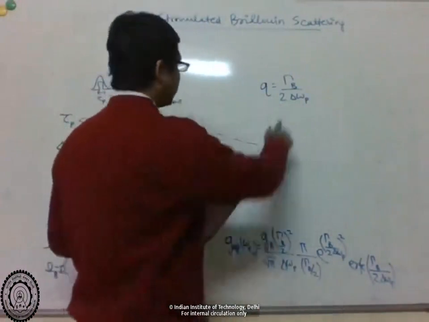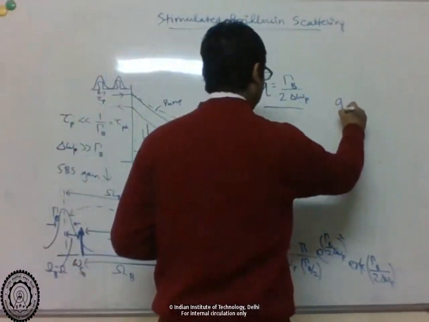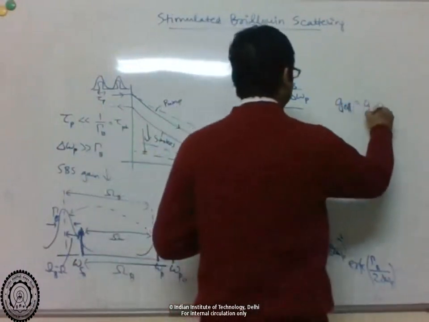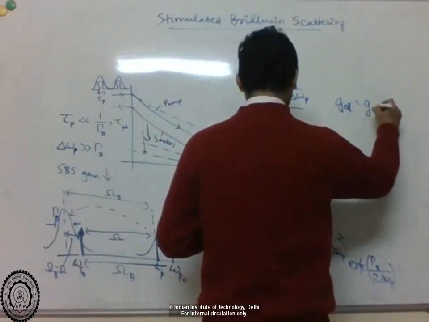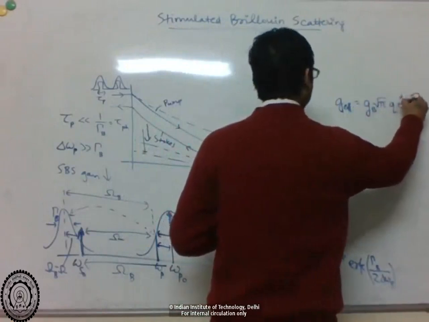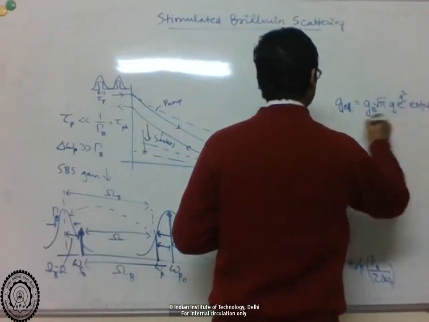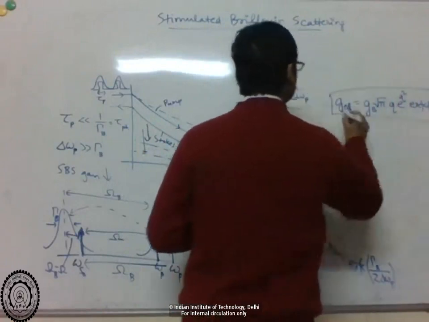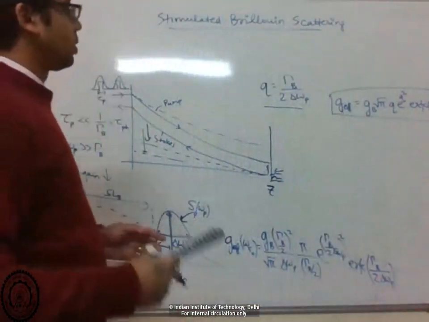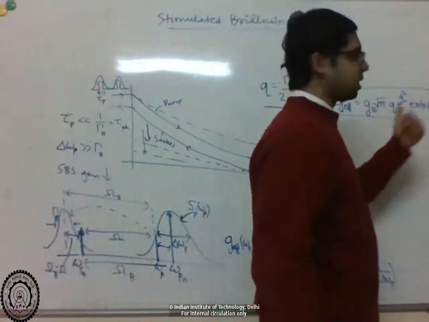In terms of this Q parameter, I can write my effective gain as some Q times e to the Q square times the error function of Q.